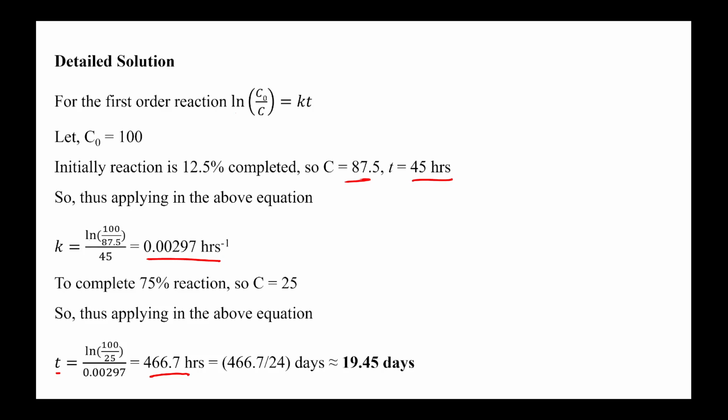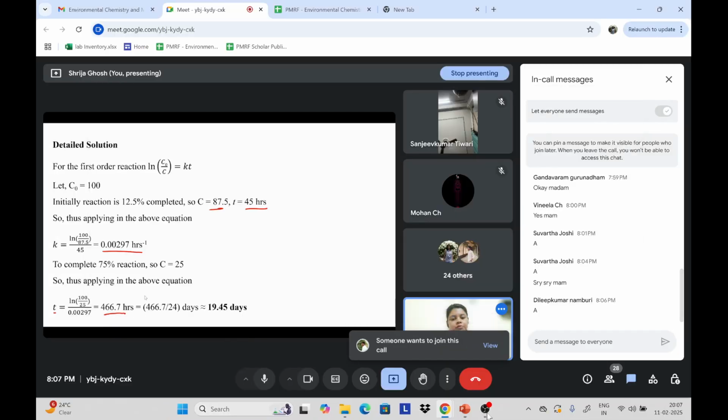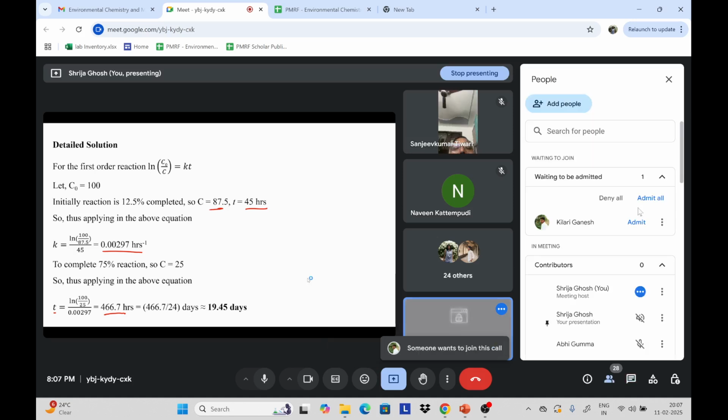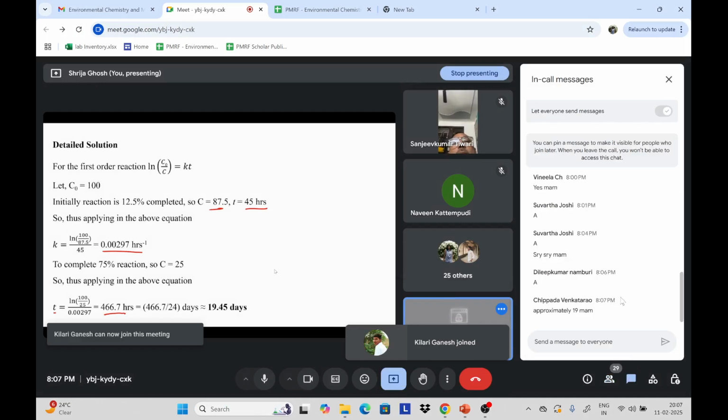Yeah, the answer is 19.45. Hmm, 19.45 is the correct answer.